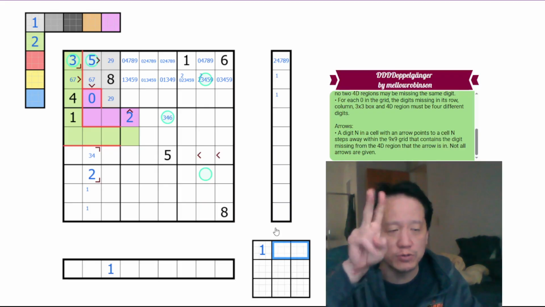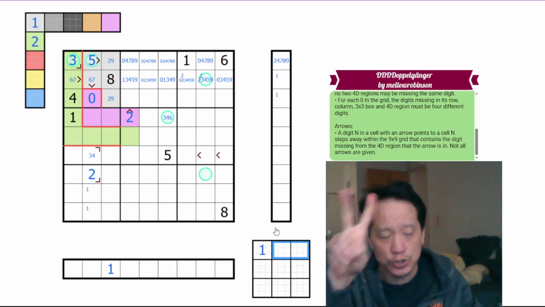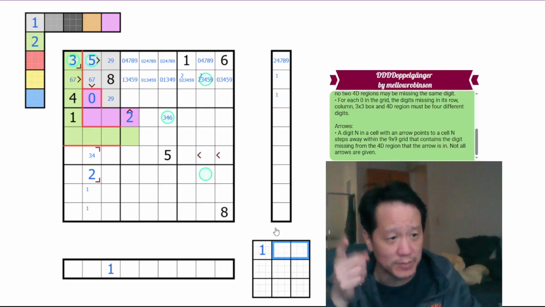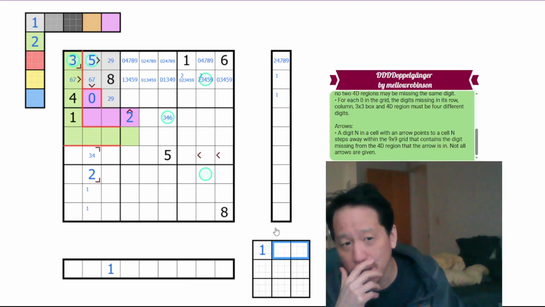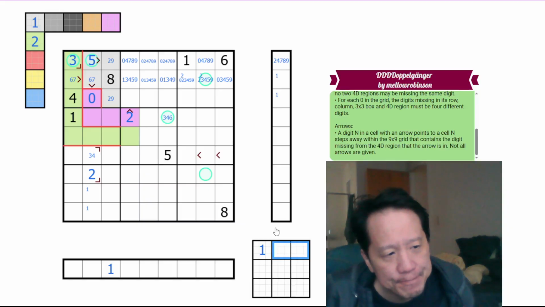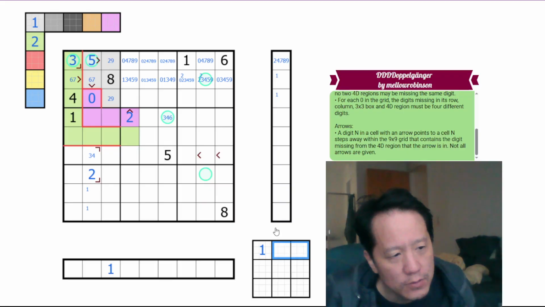And only box 2 and 3 have a 1 in it, and they can only have 1 1. So that means there's 2 1s in all of rows 1 through 3, which means the 1 must be missing in rows 1 through 3. But that's not the case with a region.